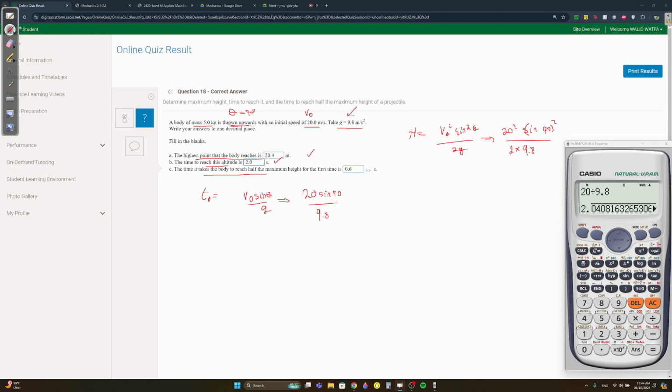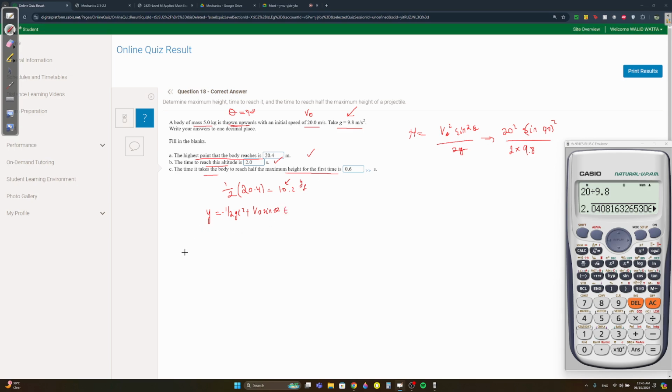Okay. The time it takes the body to reach half the maximum height for the first time. So you just find half the maximum height. Half of the maximum height, 20.4, is 10.2. We want to know the time. So this is the y. What is y equal to? Minus half g t squared plus v naught sine theta t.